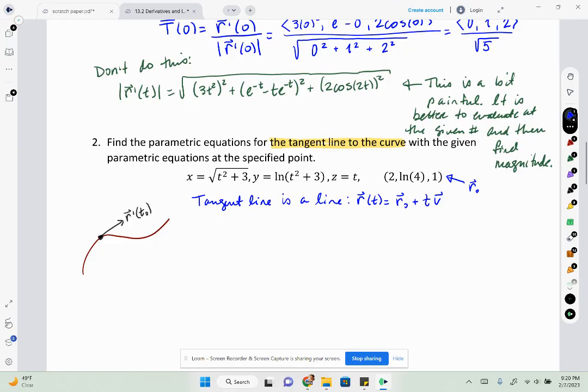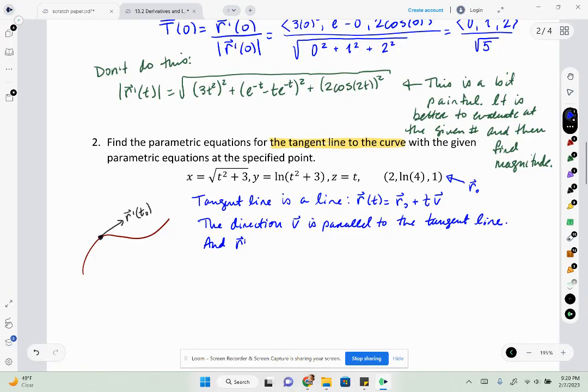It turns out the direction vector v is parallel to the tangent line, and r prime of t naught is parallel to the tangent line.